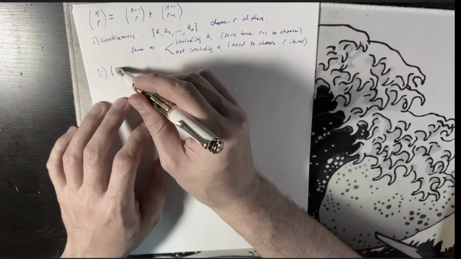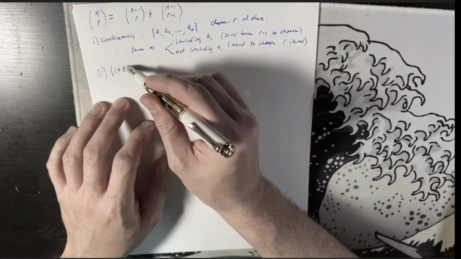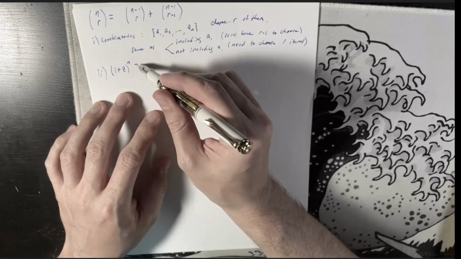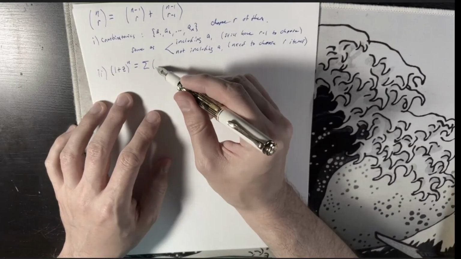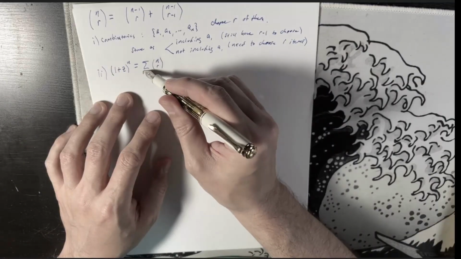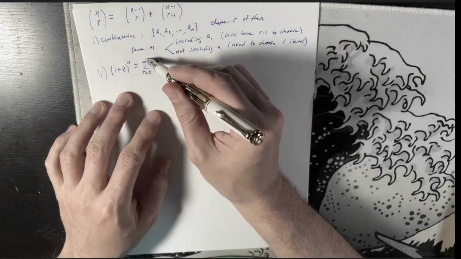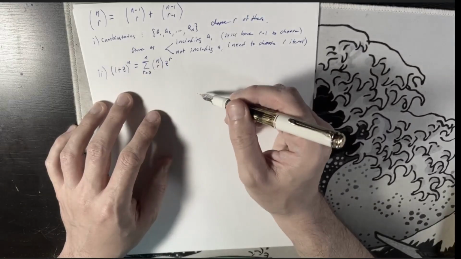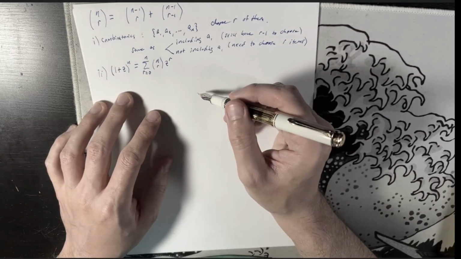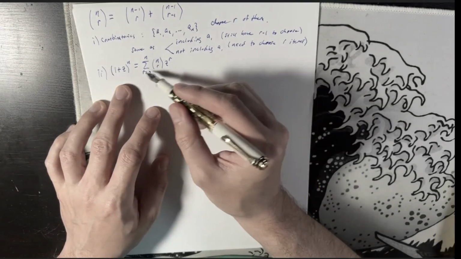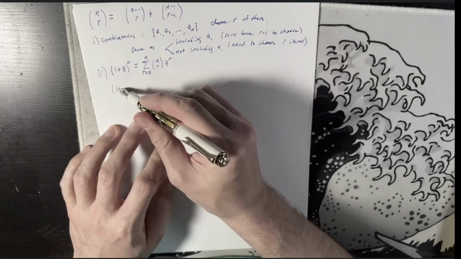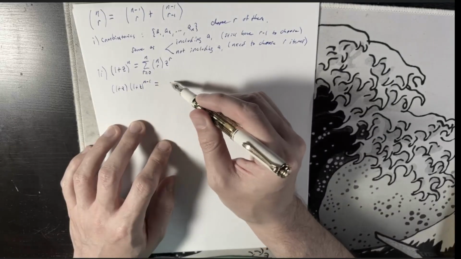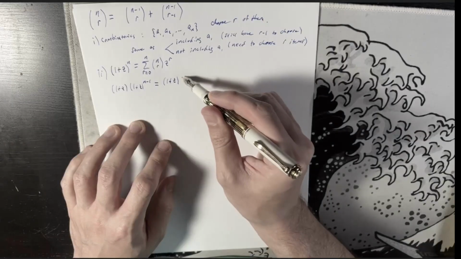Like if you put 1 plus z, say, to the n, that's a typical way to get these coefficients popping out. Right? Okay, well, we could also write this as 1 plus z times 1 plus z to the n minus 1. So that's how you're going to get a change in coefficients.